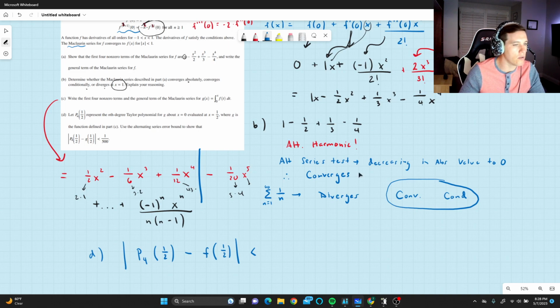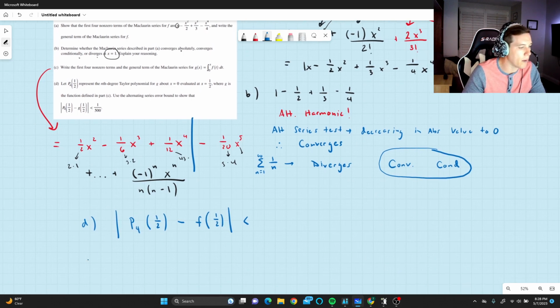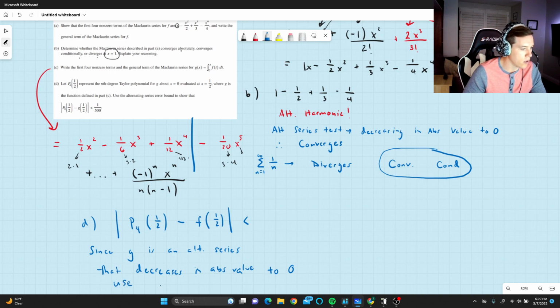But wait, before you use the error bound, you need to say you're allowed to use the error bound. So you say something like, since G is an alternating series that decreases in absolute value to 0, use the alternating series error bound.